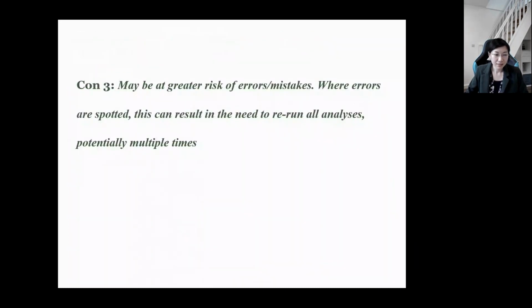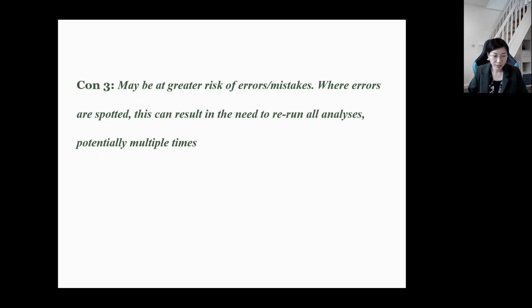And the third problem of the whole disease modeling approach is it may be at greater risk of errors and mistakes. All economic models are at risk of errors and mistakes.